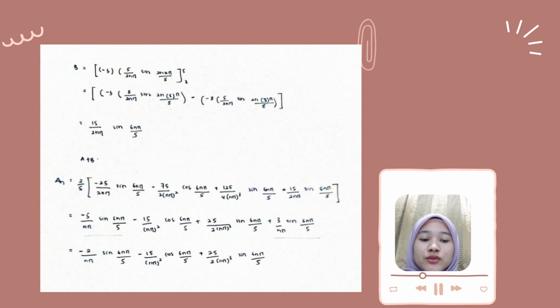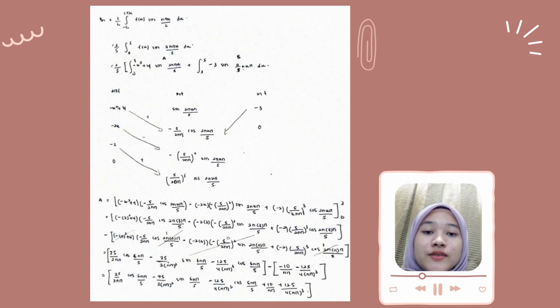Then we have to add a and b to get an, so the answer will be -2/n pi sin 6 n pi over 5 minus 15/n pi square cos 6 n pi over 5 plus 25/2 n pi power 3 sin 6 n pi over 5.